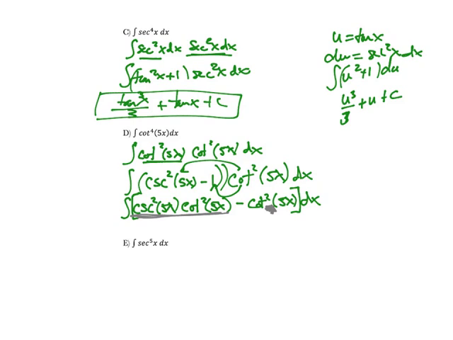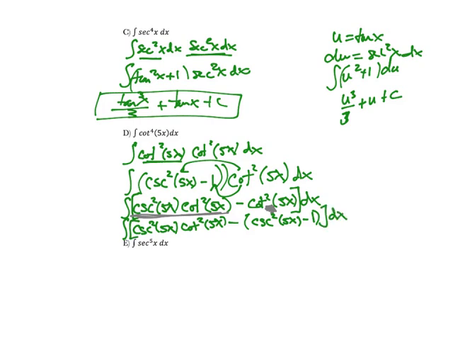So this first part stays the same: cosecant squared 5x cotangent squared 5x, minus cotangent squared, which would be cosecant squared 5x minus 1. And now all of that is dx.